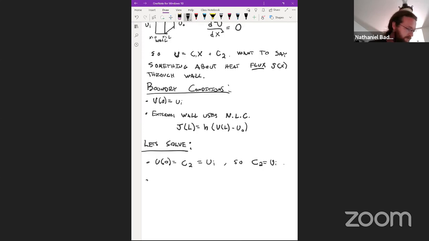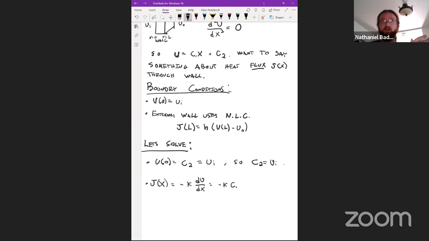Now J of x is minus K times du dx, which is minus K times C1. This is good again, because we know that J, since we're at thermal equilibrium, shouldn't depend on x.